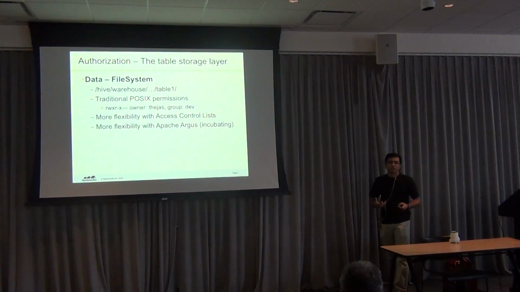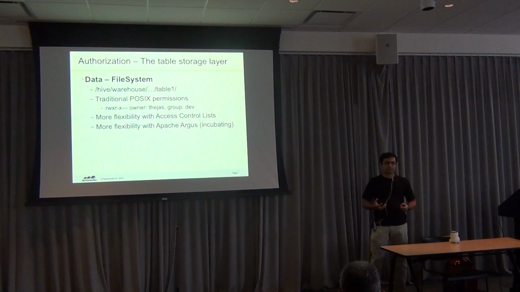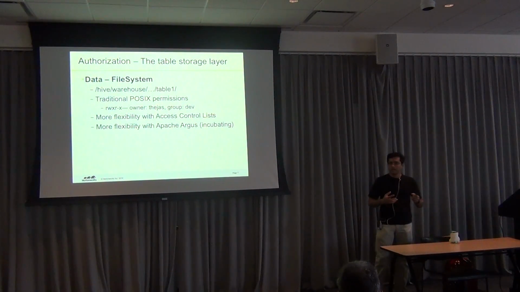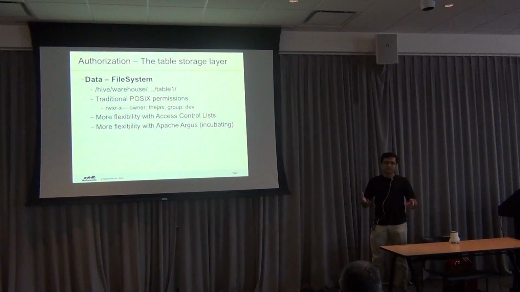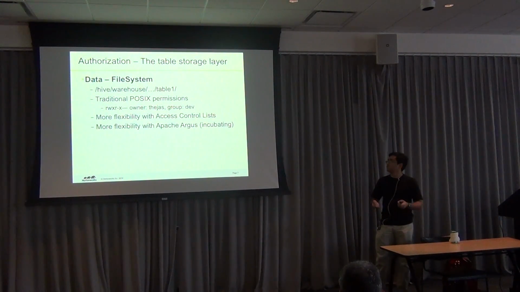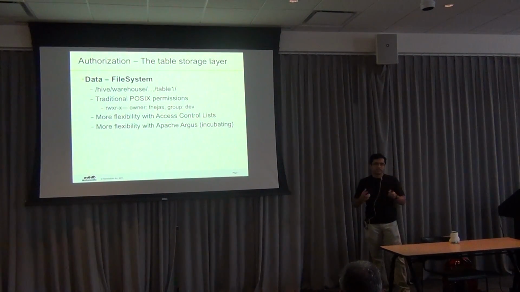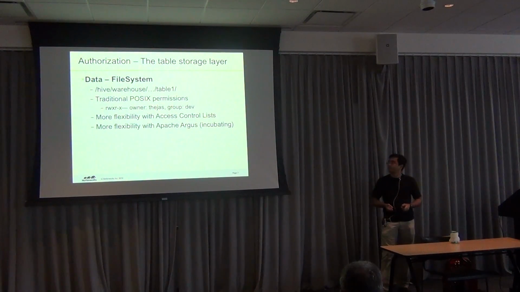So the first component that we saw is data, and how is data authorized? For a given table in Hive, you have some location where that data is stored on HDFS or any other file system. HDFS supports traditional POSIX style permissions, so you can set permissions on that directory to restrict who can access that.